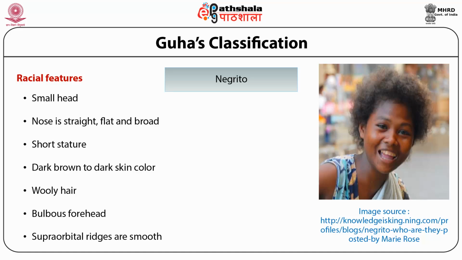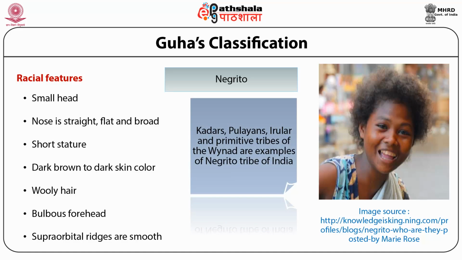In recent years, they are represented in Kadars, Pulayans, that is, people from Cochin and Travancore, and irregular and primitive tribes of Wayanad, but at present they are much limited and seem to have been pushed into the hills of Southeast Asia. Their head form and hair structure are closer to the Melanesian pygmies than to the Andamanese.